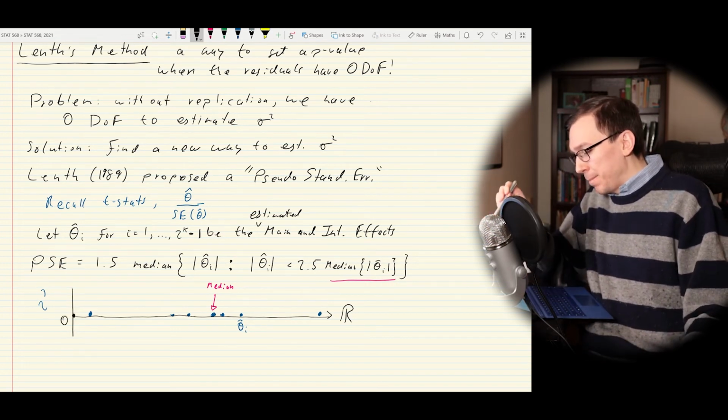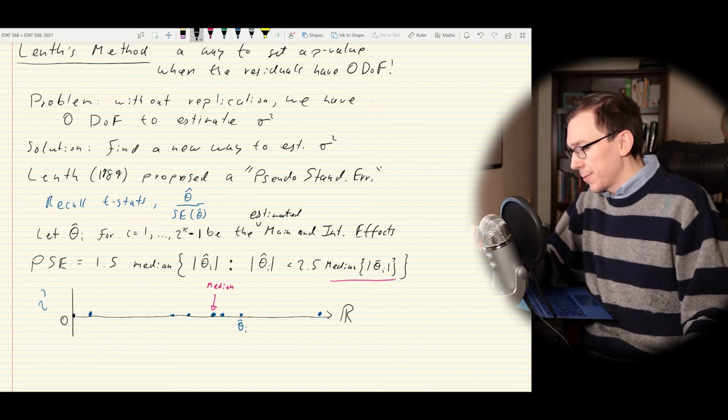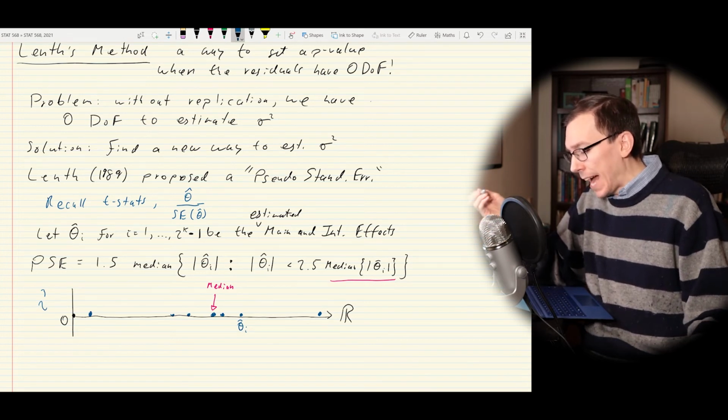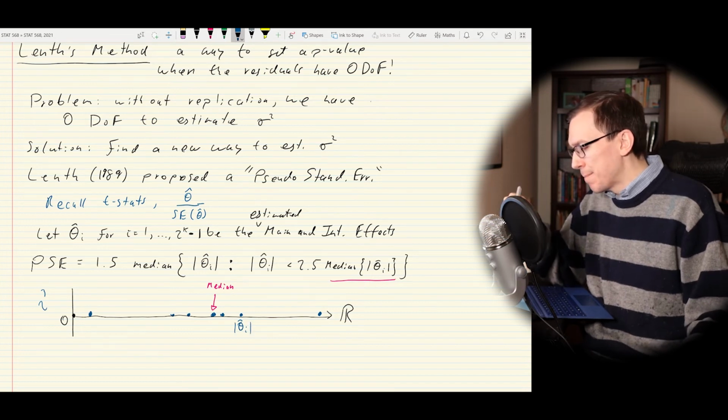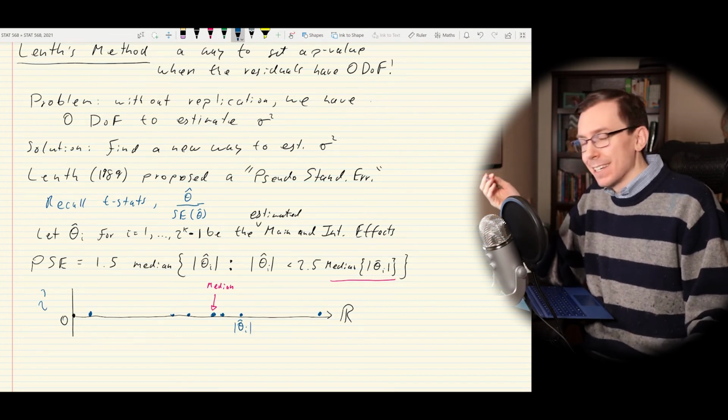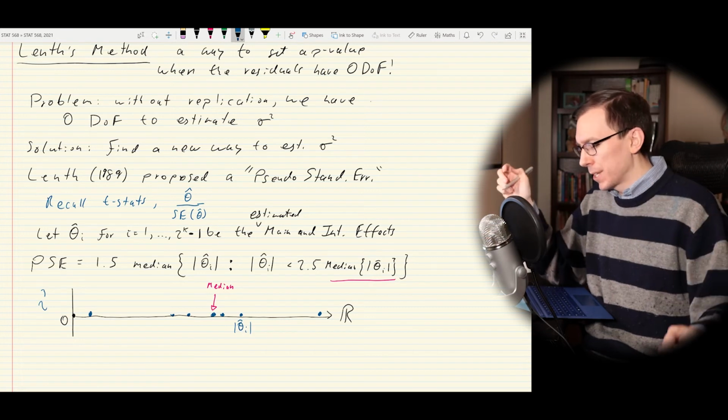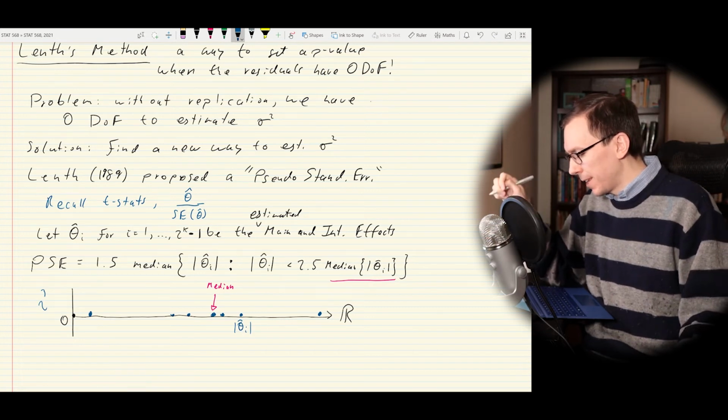So we find our median and we say, okay, there's the median of the absolute value. And let me put an absolute value here to indicate that we're looking at the magnitude of the theta hats, not their specific position on the real line.